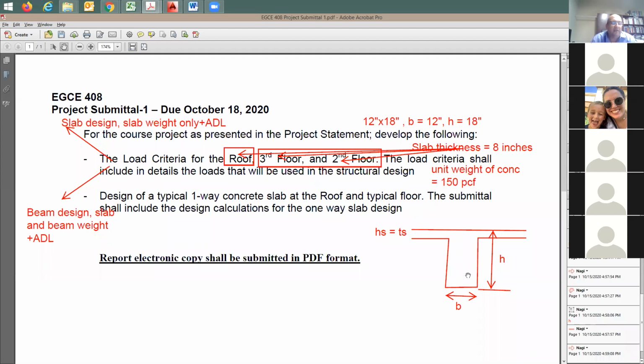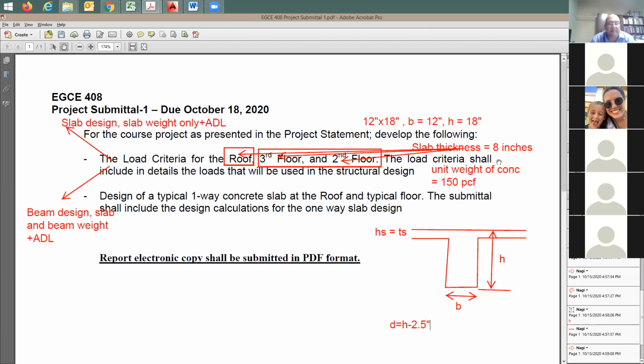For d, you can take the cover to be 2 inches, and then you have the tie diameter, and then 1/2 of the bottom reinforcement diameter. When it comes to beam design, we can discuss it again. So I'm going to say subtract 2.5 inches. Generally speaking, if you're doing a design like this, let me put it here for you: d equals h minus 2.5 inches. If this is going to help you.